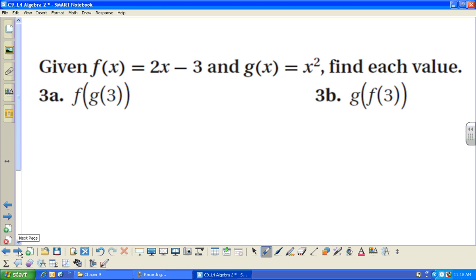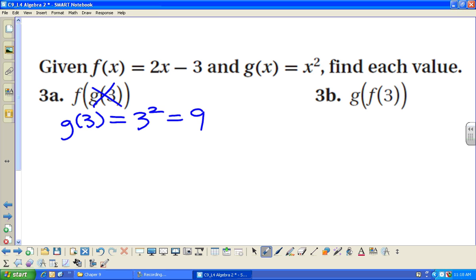It'd be a good idea to try these on your own to see if you get the same answers as I do. So if I evaluate the function of g first at 3, that's going to be equal to 3 squared, which is equal to 9.